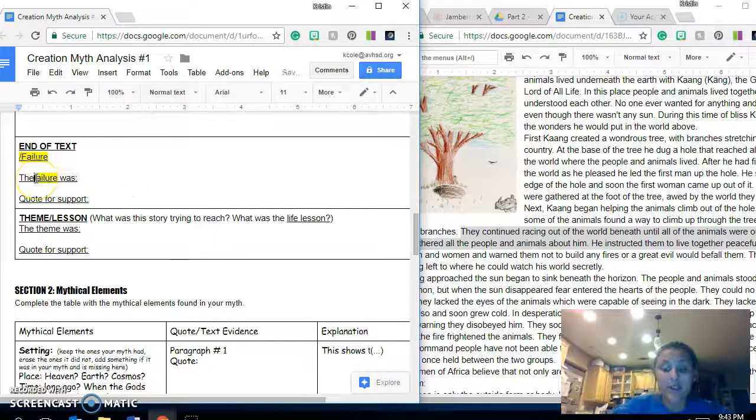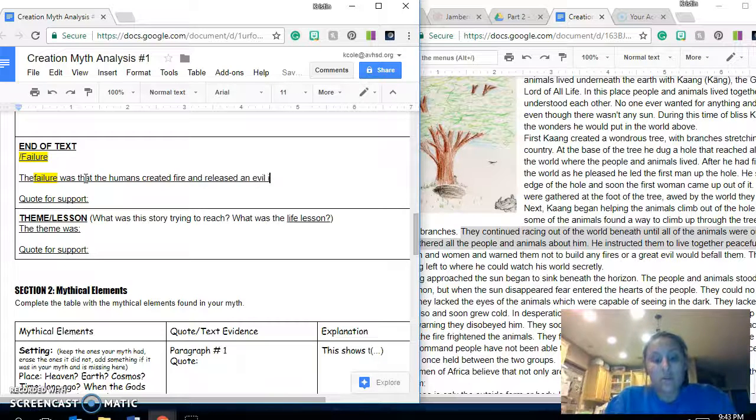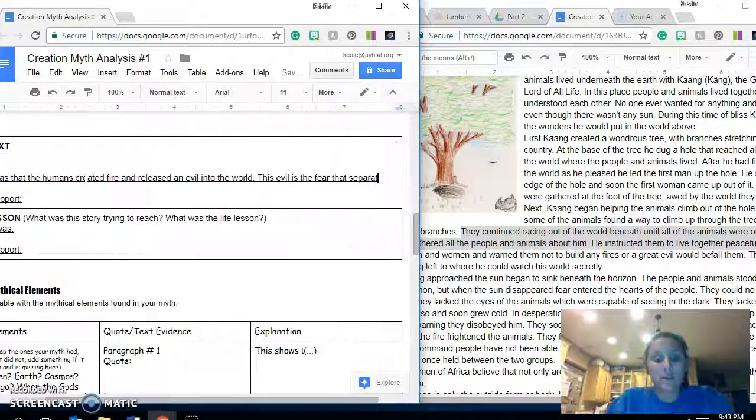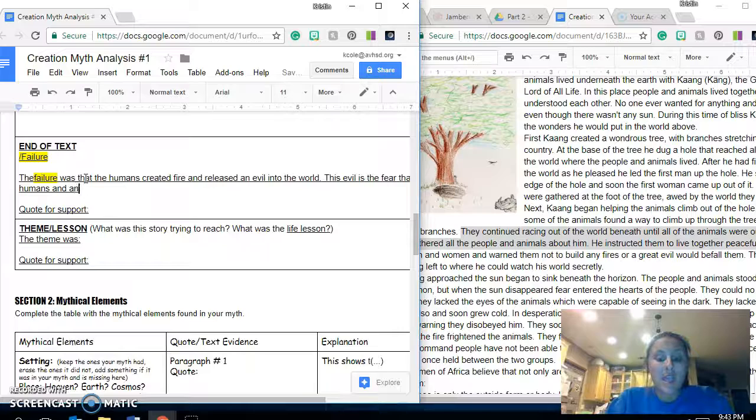And the failure is that the humans created fire and released an evil into the world. This evil is the fear that separates humans and animals so that they can no longer live in peace.